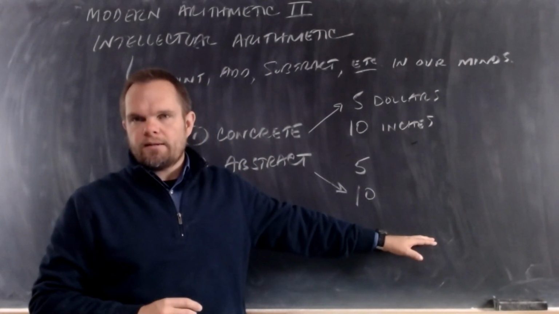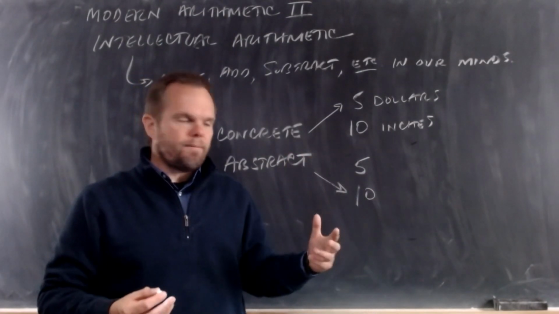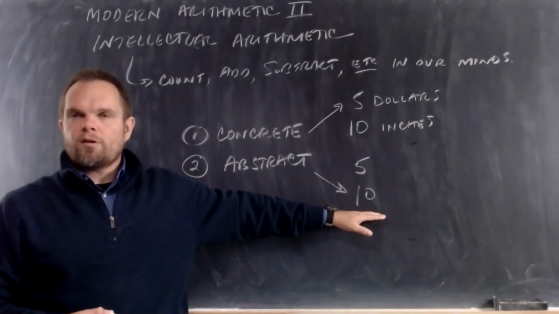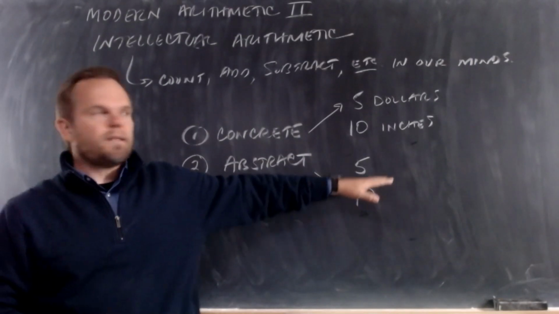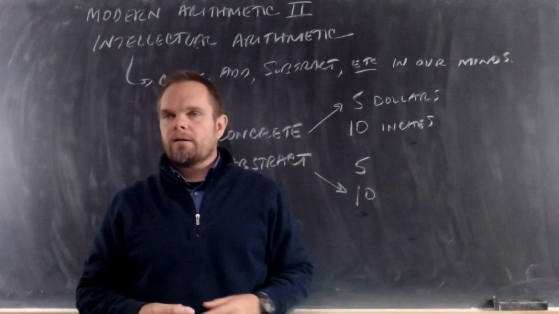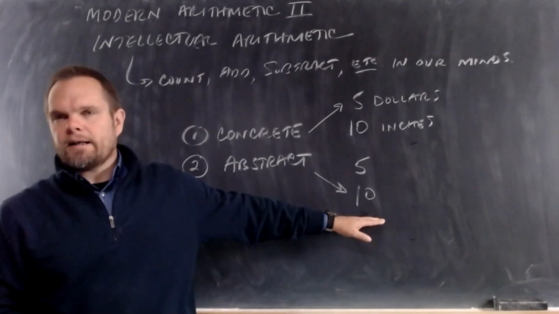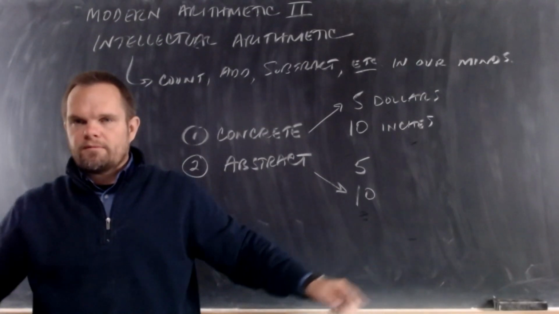Do you understand that? And if we memorize and learn everything about abstract numbers, we simply use that knowledge to talk about objects. But what we learn in abstract numbers applies to any objects. You see?